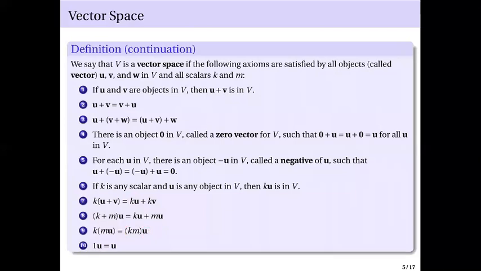And then finally, axiom number 10. We have this one. This is a scalar.